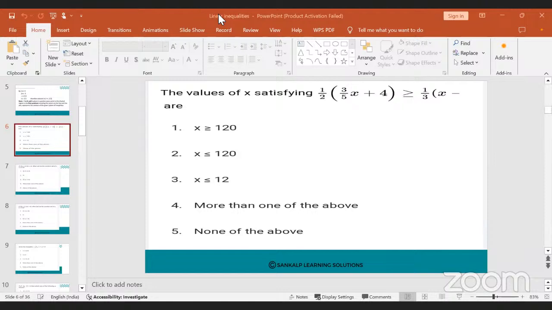Please use the knowledge and previous understandings. Am I audible now? Am I audible? Please chat. Students, please chat, otherwise I won't understand. Am I audible? Yes, one or two. Okay, so now try to give the answer for this.